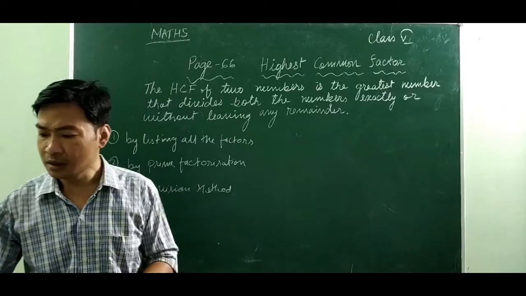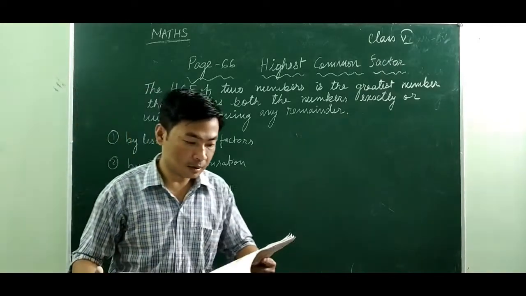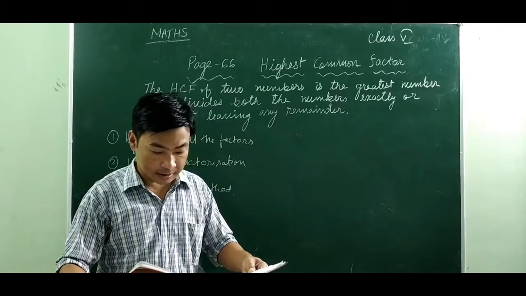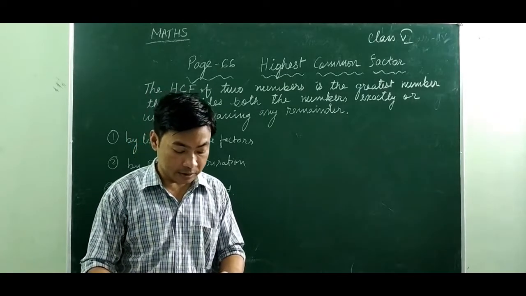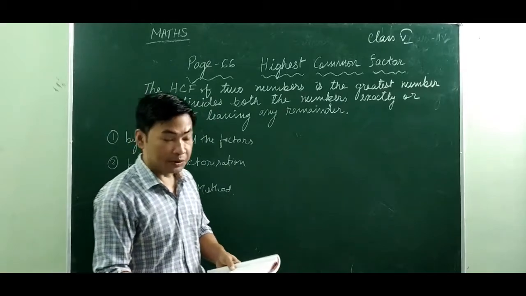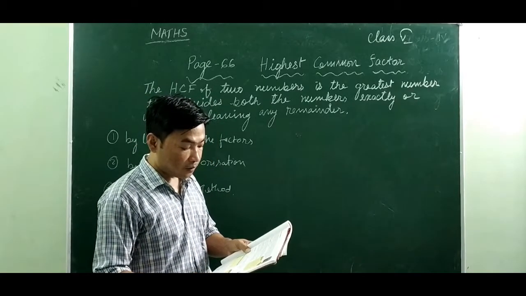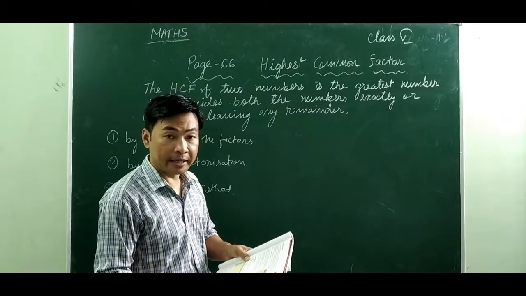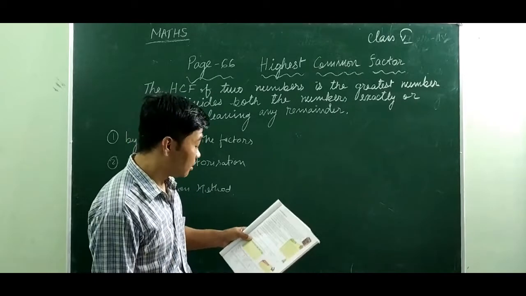Now let's start. You can open the book, page number 66, exercise 4C. Question number 1. First, find the common factors of these numbers, then mark their HCF. Now let's start.